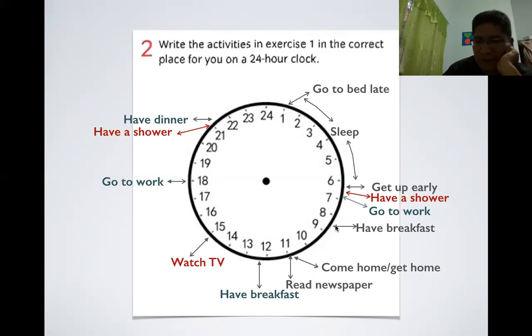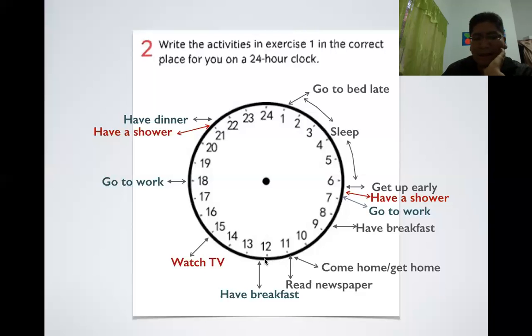And I have breakfast at 8:45. And I come home or get home at 5 to 11. And sometimes at 5 to 11 too, I read the newspaper in my house. I read the newspaper.